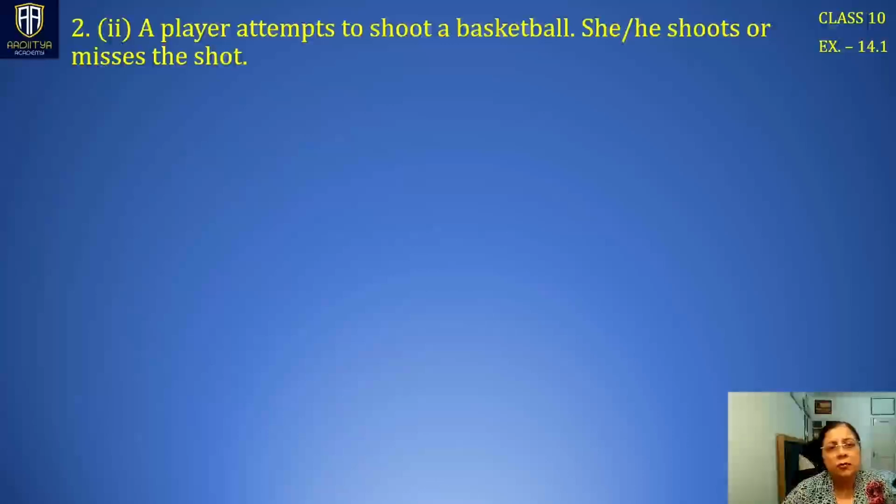So we cannot say what kind of result we will have in this experiment. So we can say here, missing the shot or getting through it have no particular choices or solutions. We can say they are not equally likely.